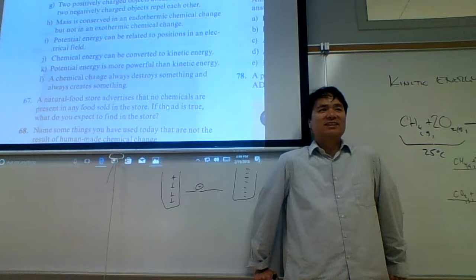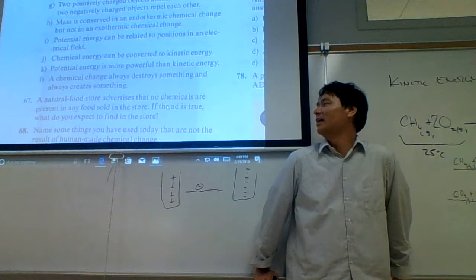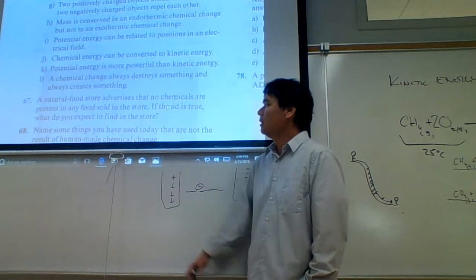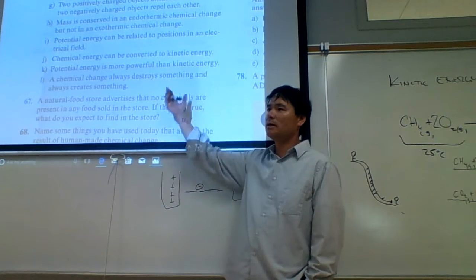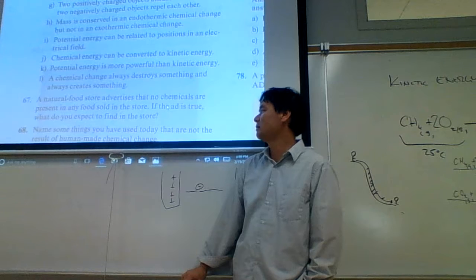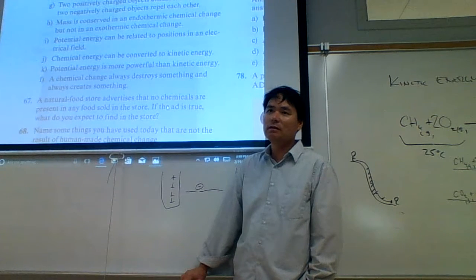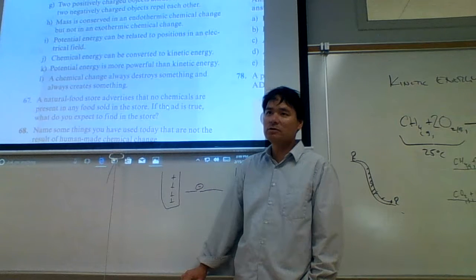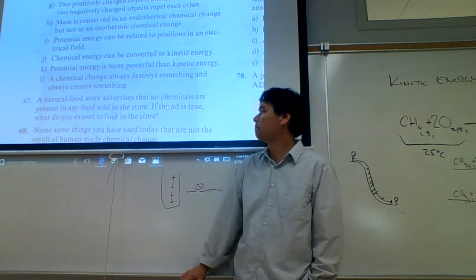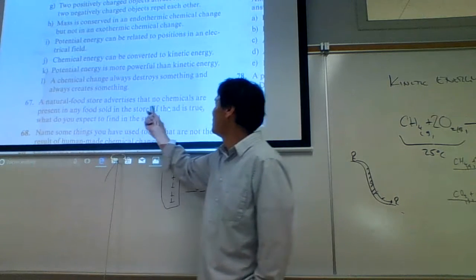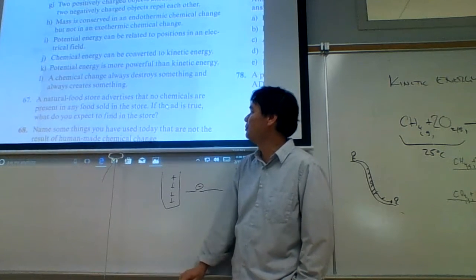The oxygen destroyed it, and it was creating CO2 and water. And so this could be true. It depends on semantics. But were the atoms destroyed? The atoms weren't destroyed. And so it's tricky.